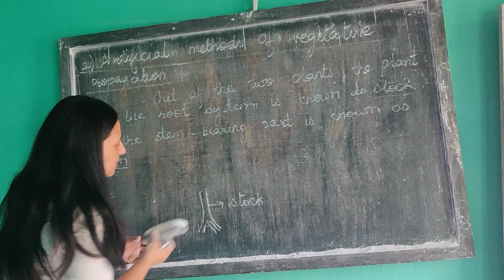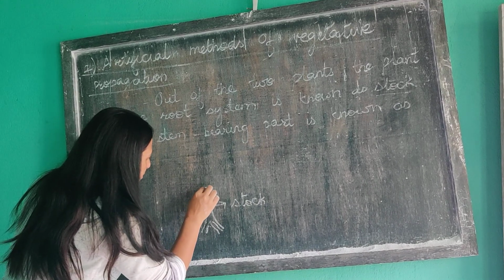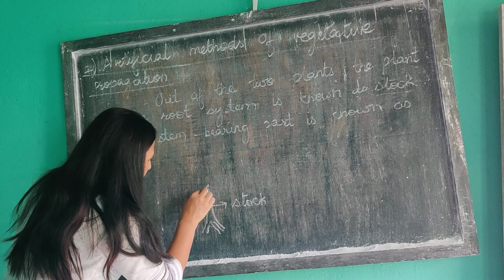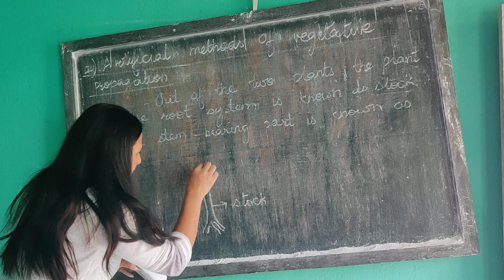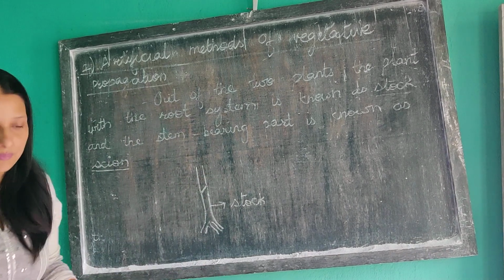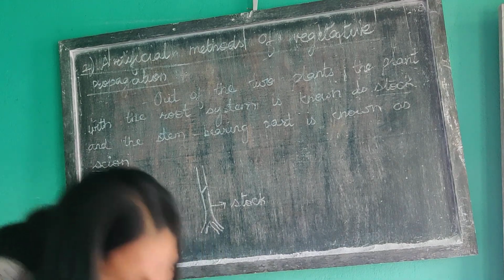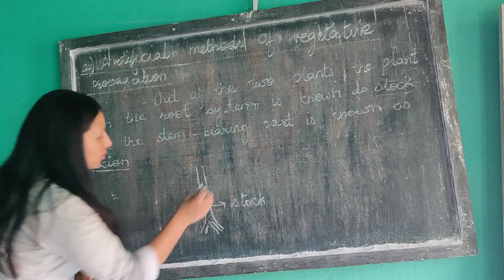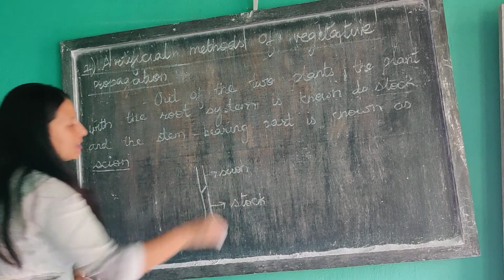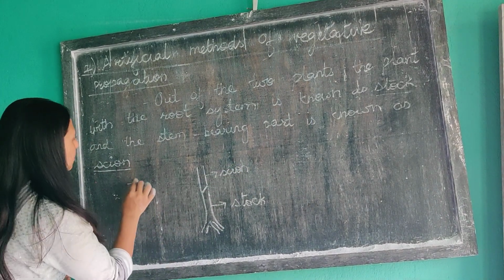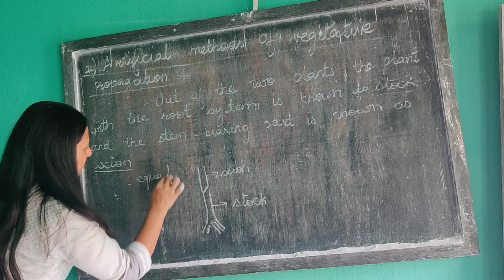That is why, when we take the scion and stalk of different plants, they should have equal diameter.